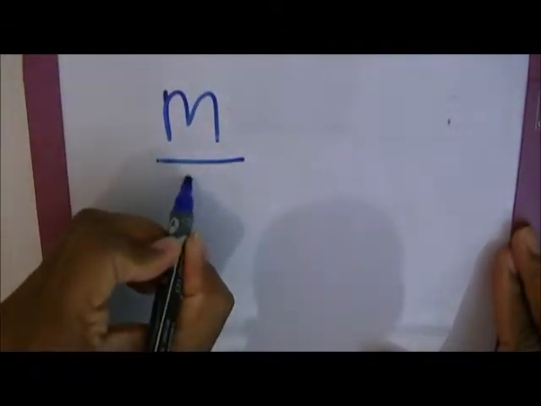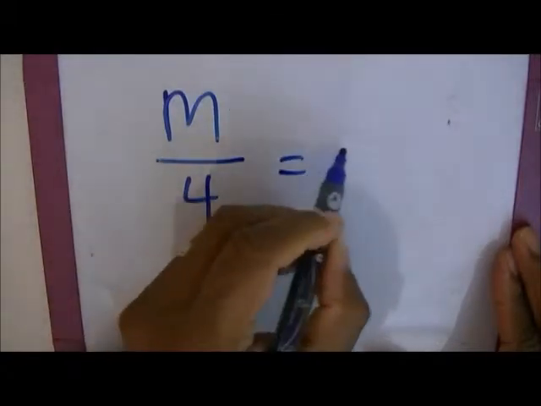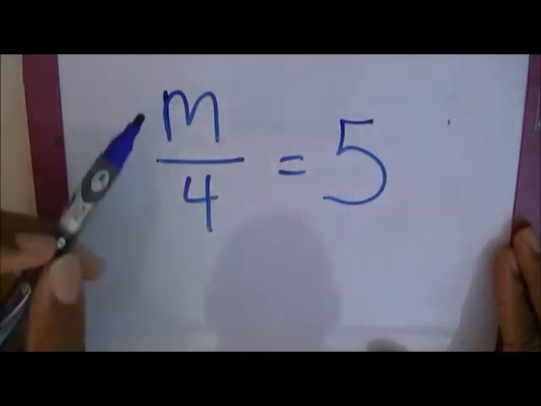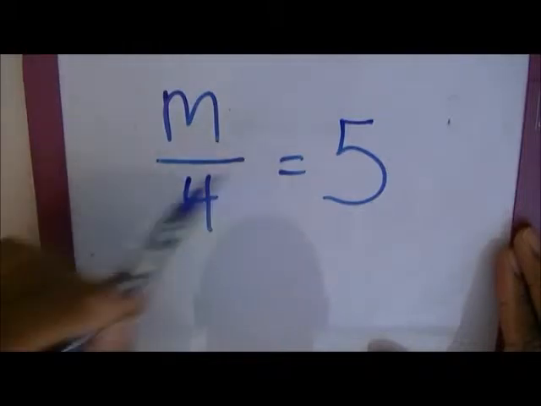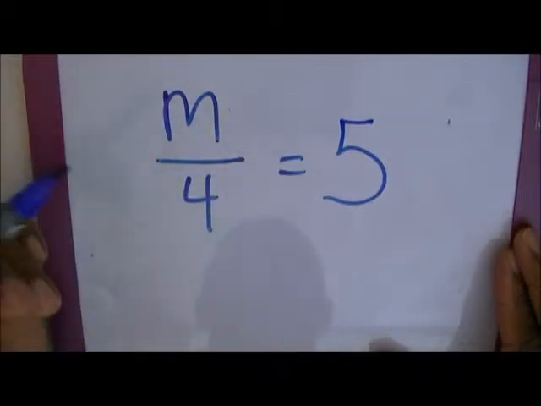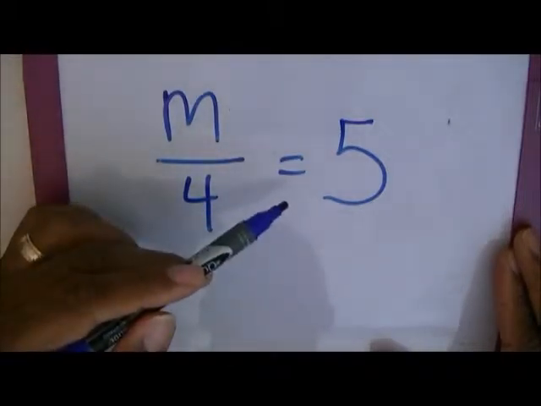Another problem type, we take a quotient, which is one number divided by another, and find the solution. M divided by 4 equals 5. Or you can read it as some number divided by 4 equals 5.